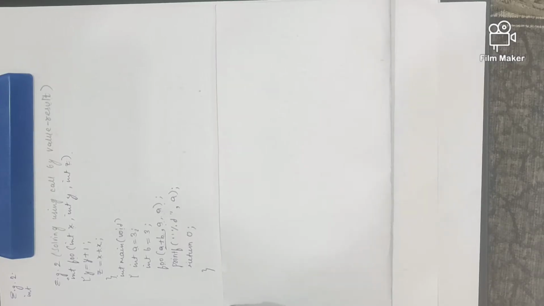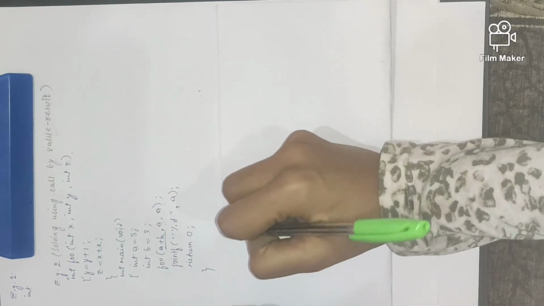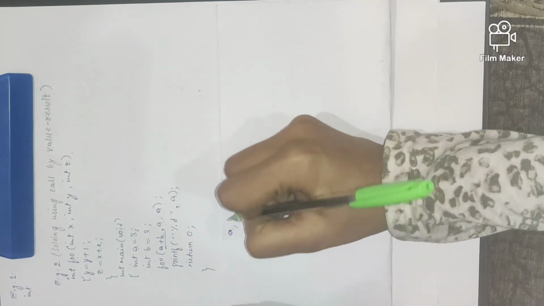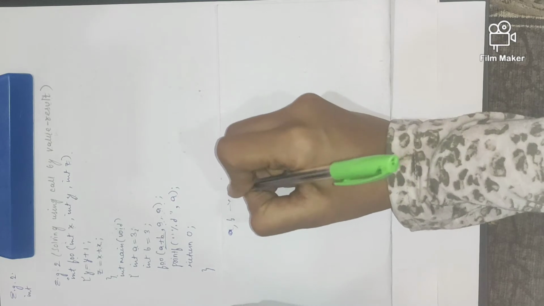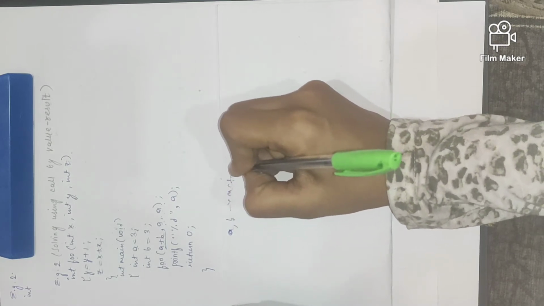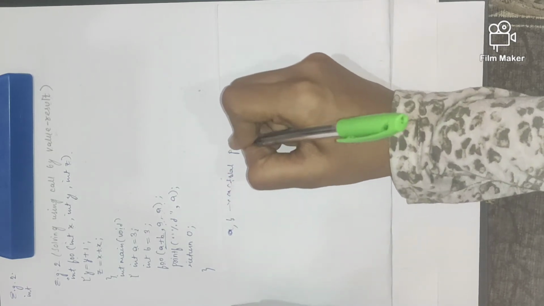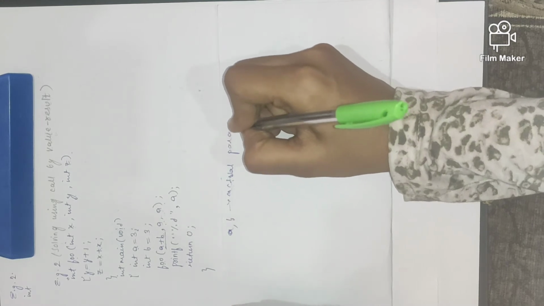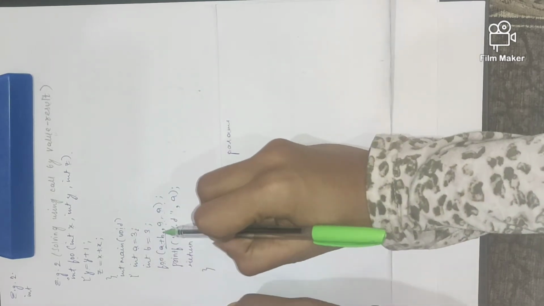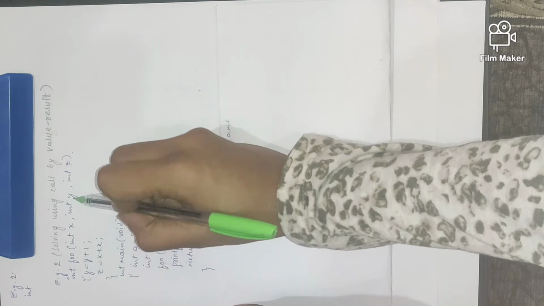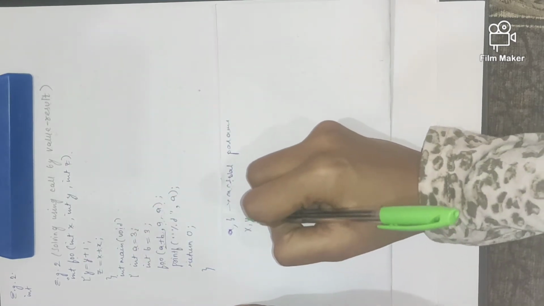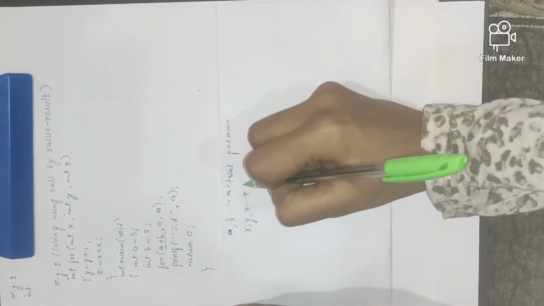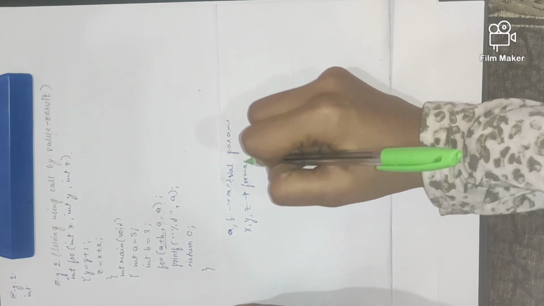This is another example, and we are solving it using call by value result. As you can see here, a and b are actual parameters, and x, y, z are formal parameters.